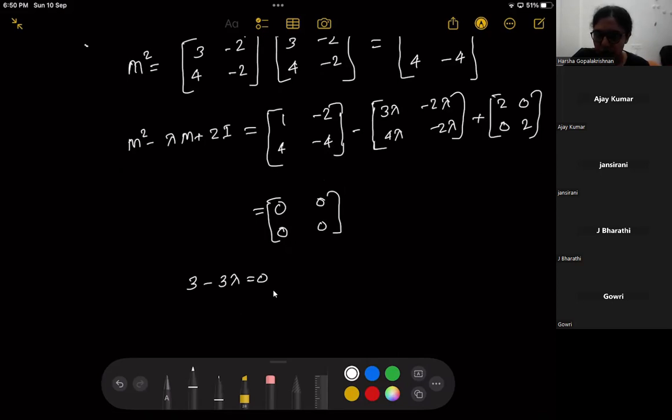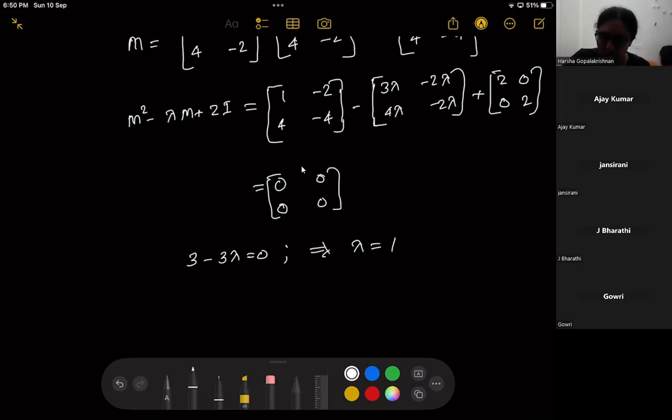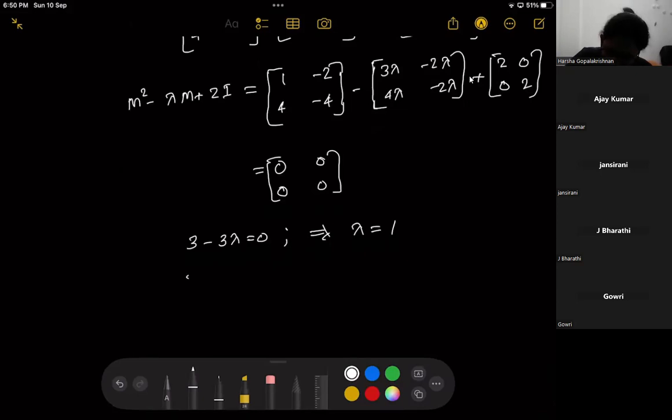So first we will write every equation. 3 minus 3 lambda equal to 0. From this itself, we can conclude lambda equal to 1. But we need to check whether it is true for each of these cases. The second equation comes as 2 lambda minus 2 equal to 0, again lambda equal to 1.